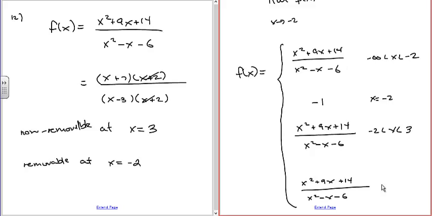So this is from 3 to positive infinity. So this is where the removable discontinuity is. We removed it by defining the function at that point to be equal to the limit of this original function. At x equals 3, it's a non-removable discontinuity, so we just have to reflect the fact that the domain is such that the function does not exist at that point. So that's it.